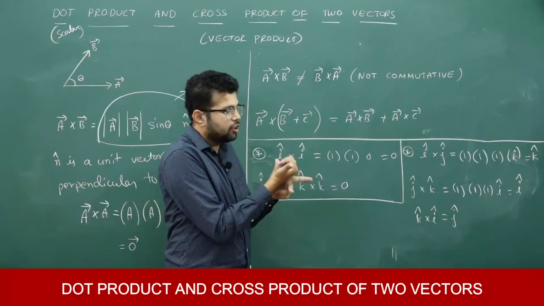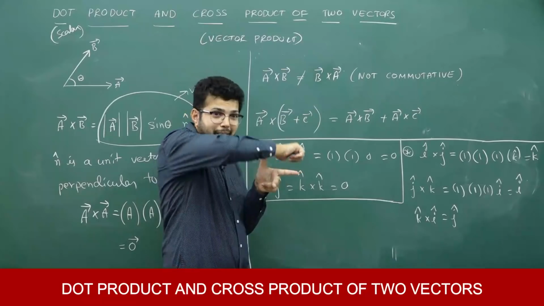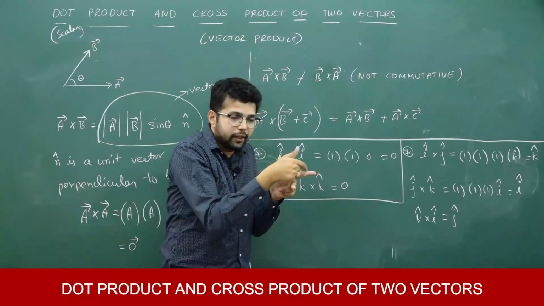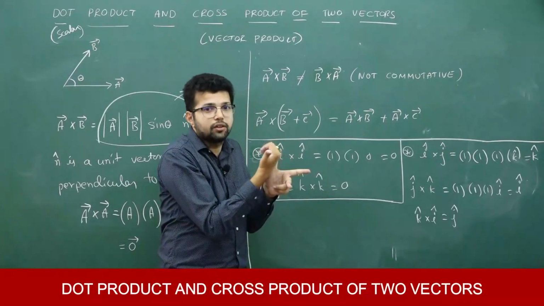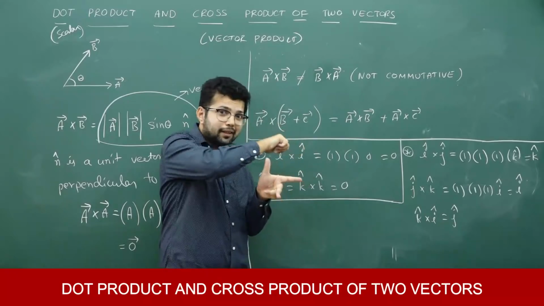See, i cross j is k. What if you do j cross i? It is minus k. Are you getting what I am saying? This is i cap, this is j cap. i cross j is k, j cross i is minus k.